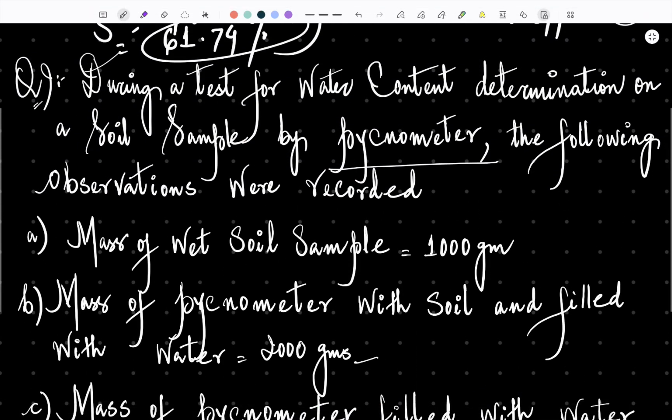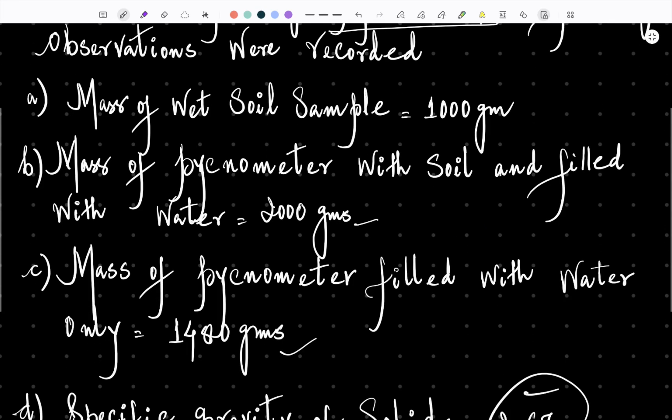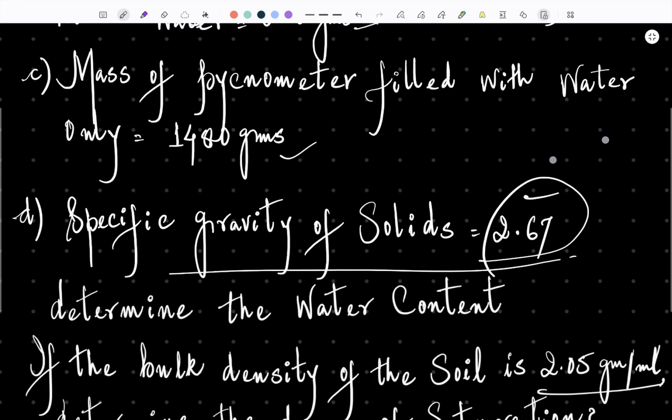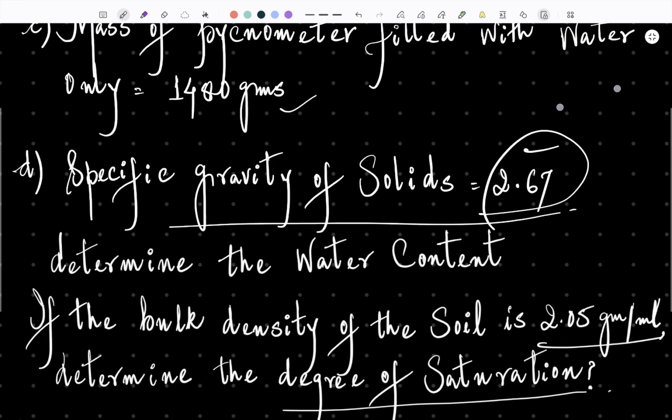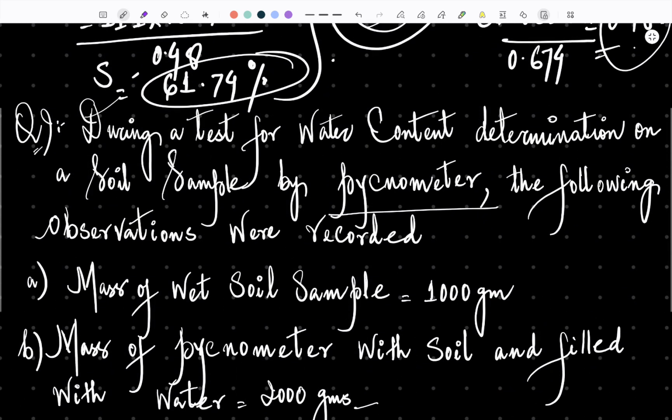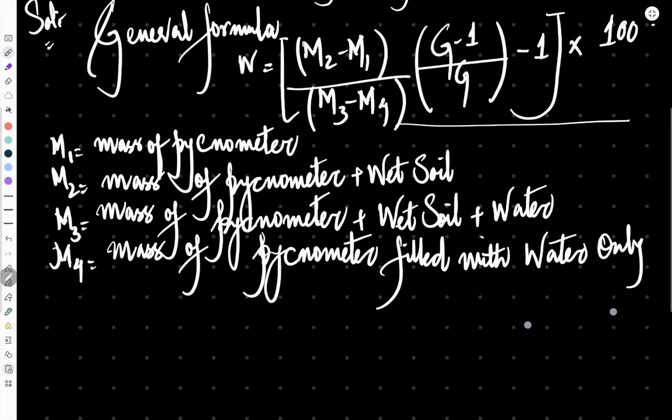Then we have been given the mass of pycnometer with soil and filled with water as 2000 grams, and the mass of pycnometer filled with water only as 1480 grams. And then we have been given the specific gravity as well. We have to find the water content, because the question is typically based on the water content determination by using a pycnometer. So let's go on solving this question.